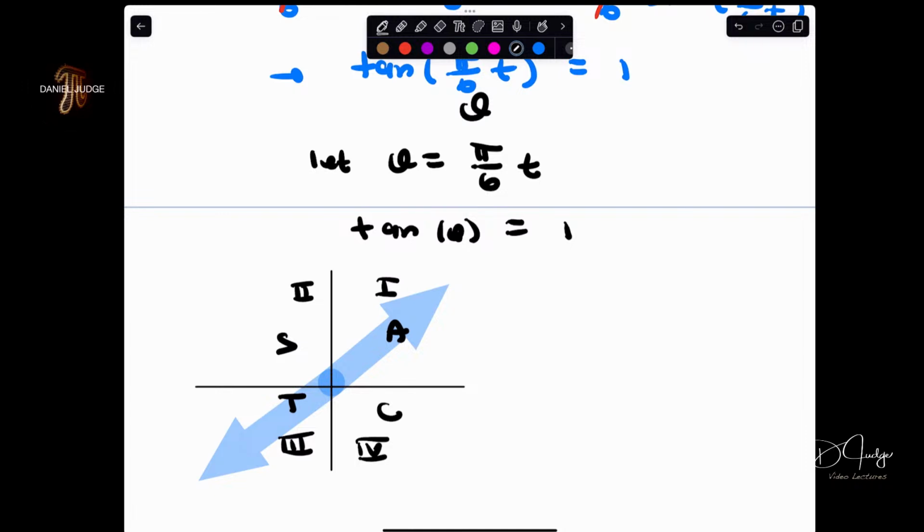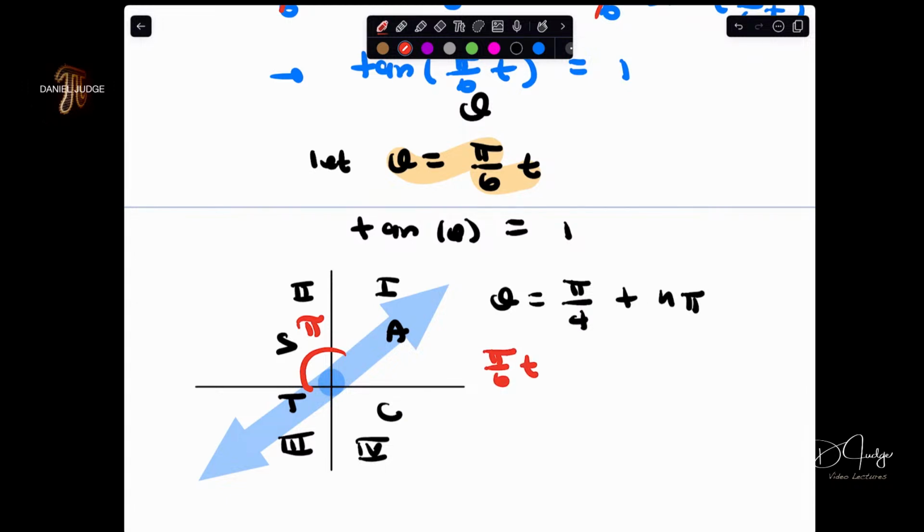So here's how you handle that, generally speaking. Remember, this difference by pi. So the general solution for theta is simply pi over 4 plus n pi. Now, since theta here is pi over 6t, replace theta with pi over 6t.